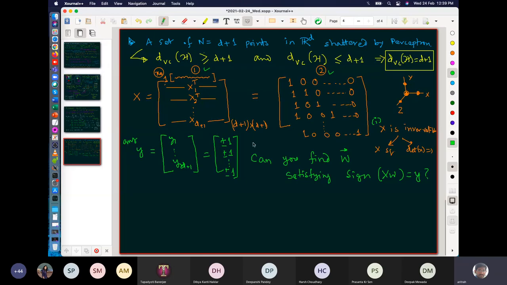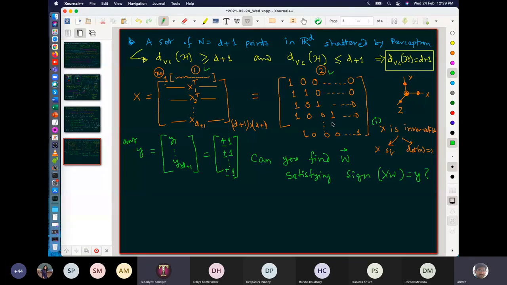Then I can say that all these points are shattered, because for any arbitrary choice of y, if I can find a w that produces that y, then all these points can be labeled arbitrarily. All possible dichotomies are possible, so it can be shattered. Yes or no?